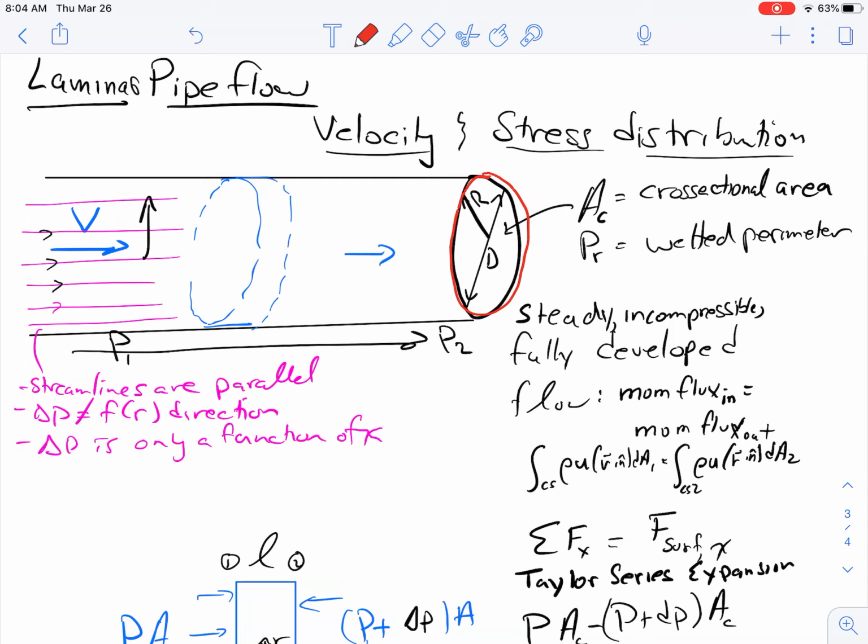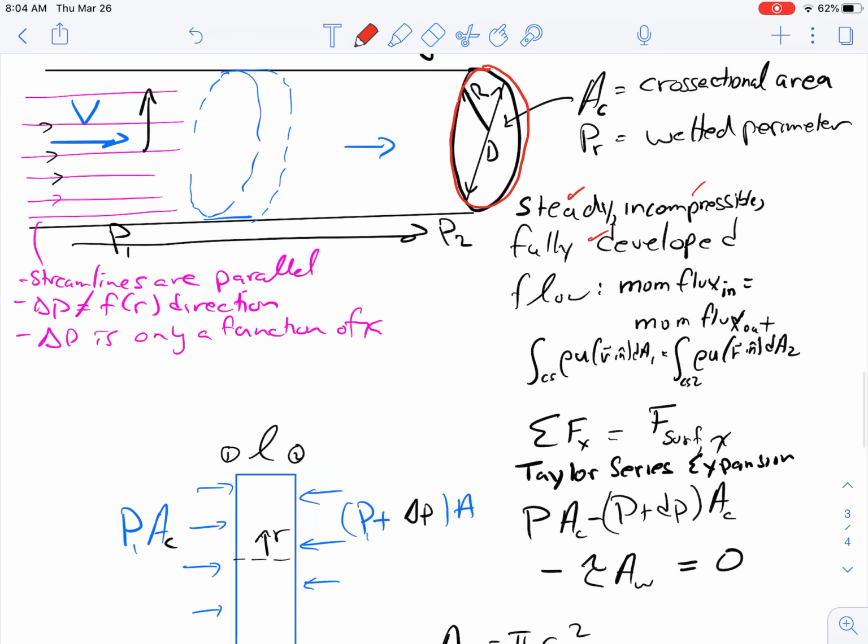Our assumptions are steady, incompressible, fully developed flow. And in this case, just like before, the momentum flux in is going to be equal to the momentum flux out. Here I've written down the equations for that. This is just the momentum flux in equals the momentum flux out.